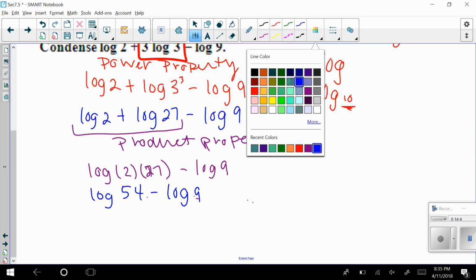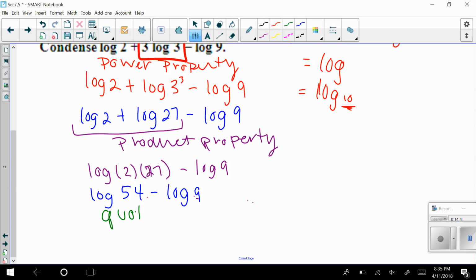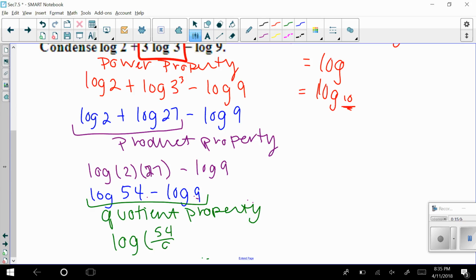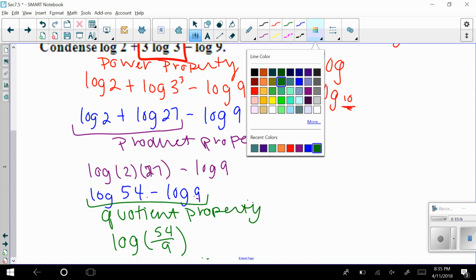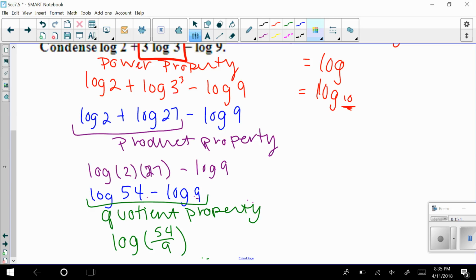Right, and then our last step is to use the quotient property. And we know we're using the quotient property because we're subtracting these two. So the quotient property brings this to log of 54 over 9, which again, we can simplify. And 54 divided by 9 is 6.